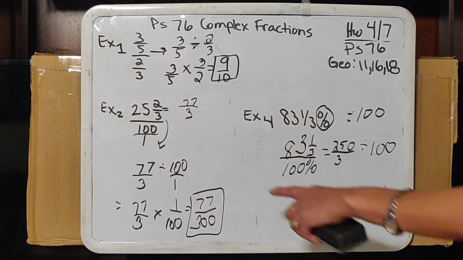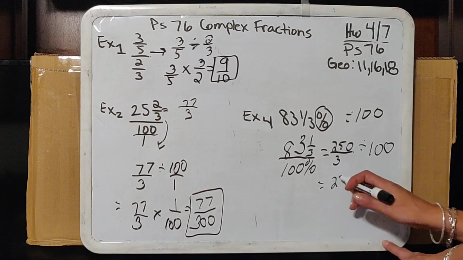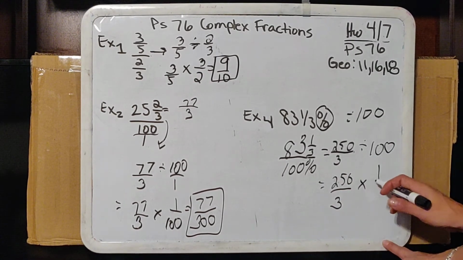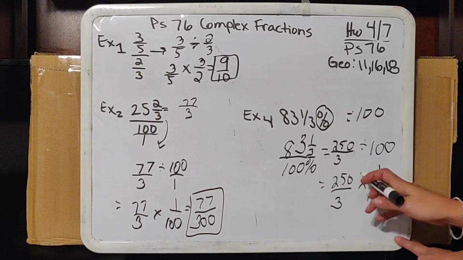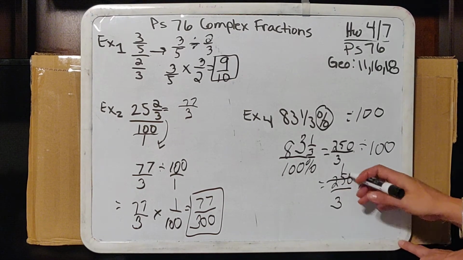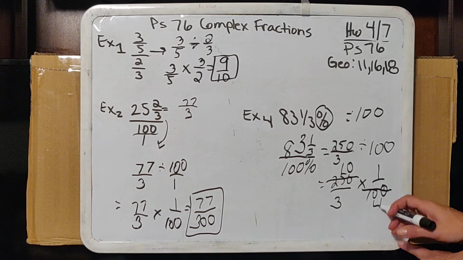Okay? And just like we did over here, we're going to flip and multiply. So we're going to say equals 250 over 3 times 1 over 100. And this time we can reduce by 25. 25 divided by itself is 1, and then there's a 0 left. And then 25 goes into 100 4 times.